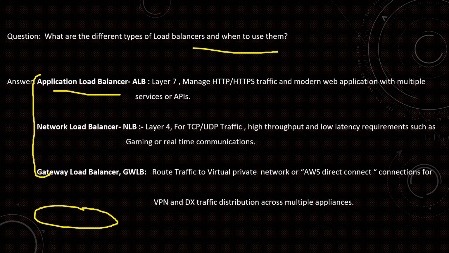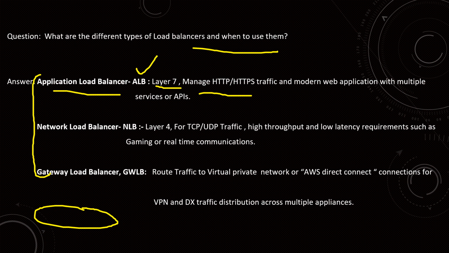Number one is the Application Load Balancer, which comes under Layer 7, in short ALB. It manages HTTP and HTTPS traffic and modern web applications with multiple services or APIs. Whatever traffic comes via HTTP and HTTPS to serve the application, such load balancing is handled by the ALB, the Application Load Balancer.